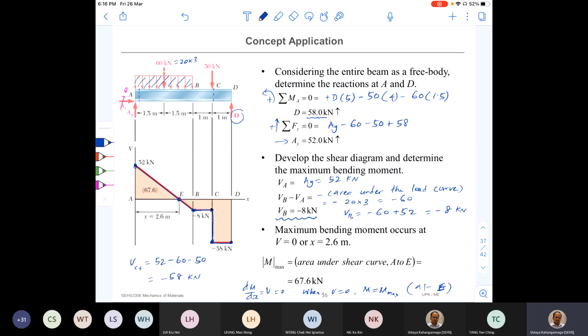For that, you can again use the same relationship that we have developed about the shear force variation. Shear force variation between 2 points is equal to negative of the area under the load curve. So let's take this distance as x.